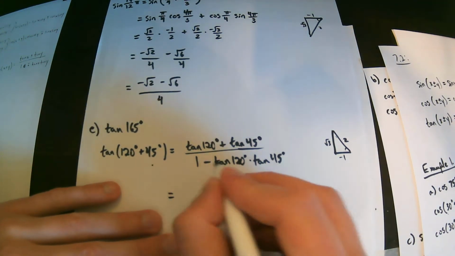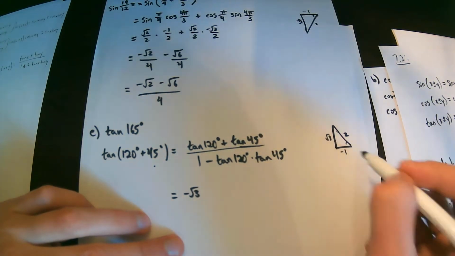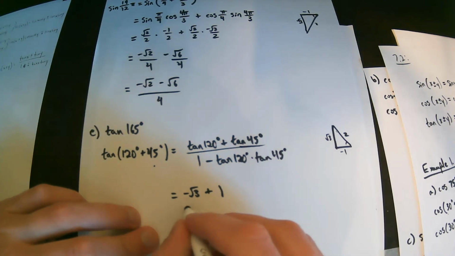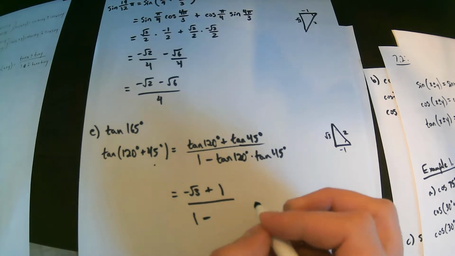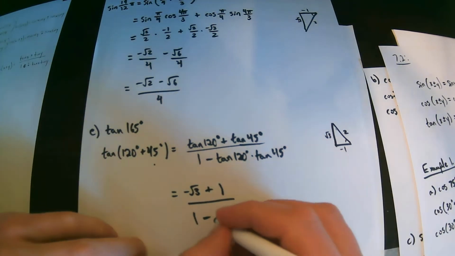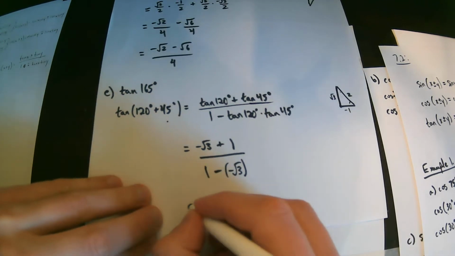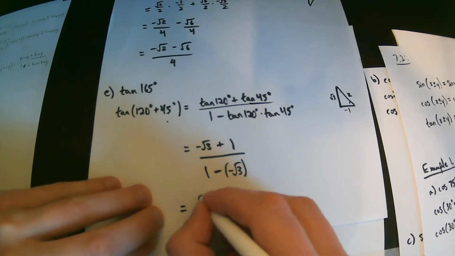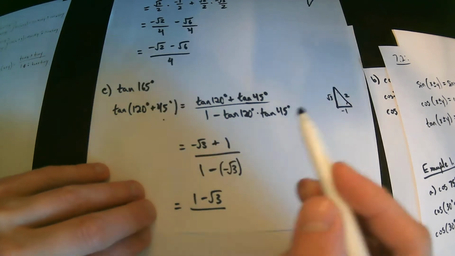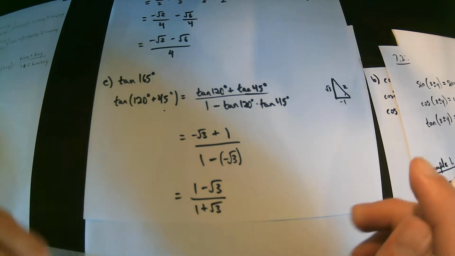So I'm getting tangent of 120 is negative square root of 3, opposite over adjacent, plus 1, that's tangent of 45. Then 1 minus tangent of 120 is opposite over adjacent, so I'm getting negative square root of 3. So this will clean up nicely to 1 minus square root of 3, that's the top, just flipping them around. 1 minus square root of 3 over 1 plus square root of 3.